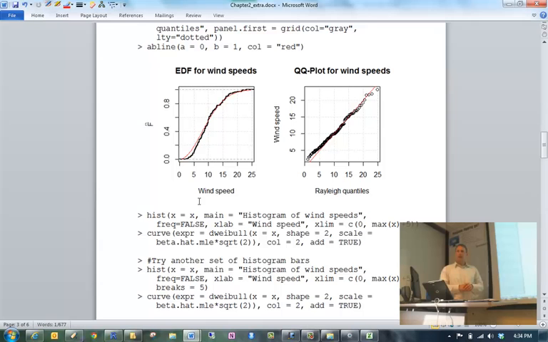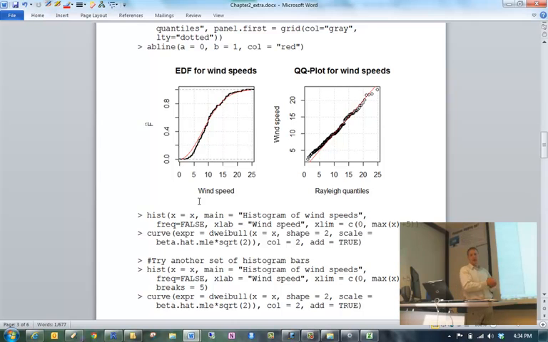QQ plot, quantile plot. So what do we look at? If the observed quantiles line up on the line, you're good to go. Yeah. So if the points lie on that straight line, that suggests that the distribution that you picked is reasonable, and it looks like it's pretty close.